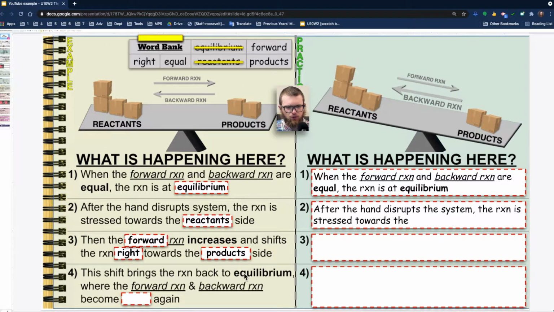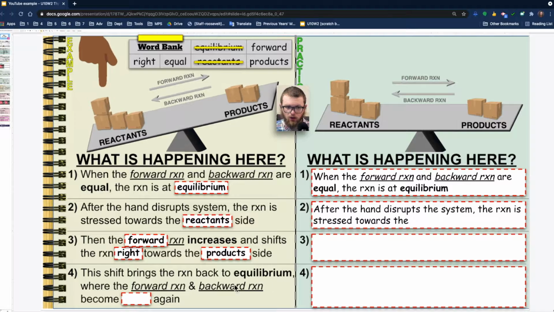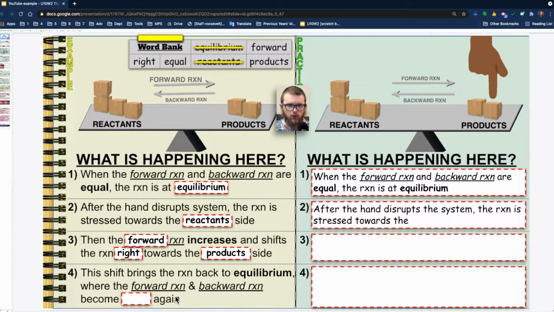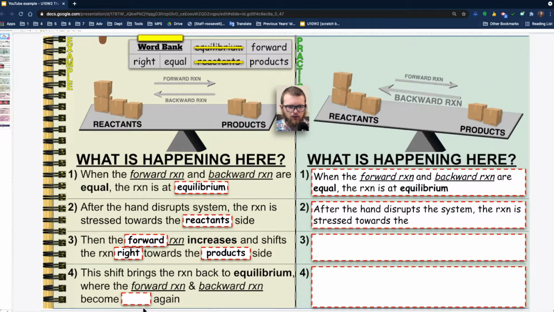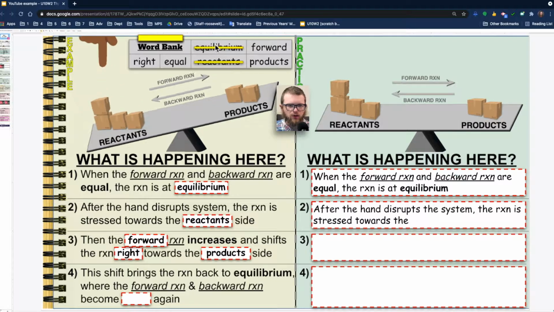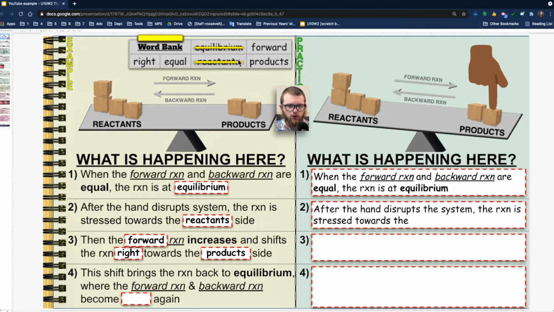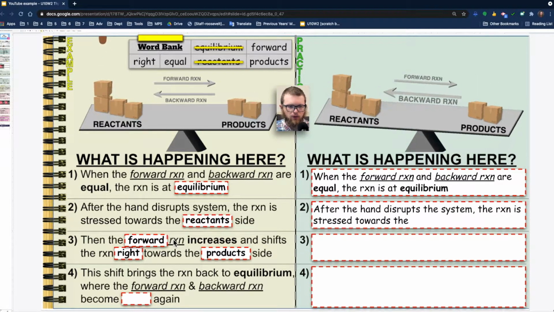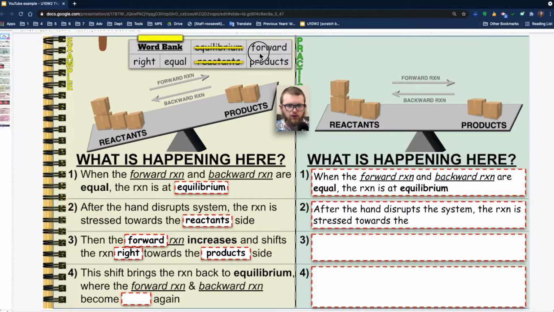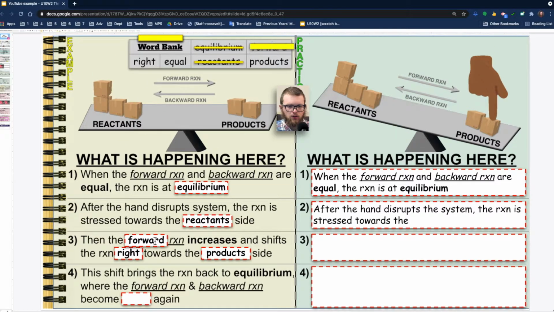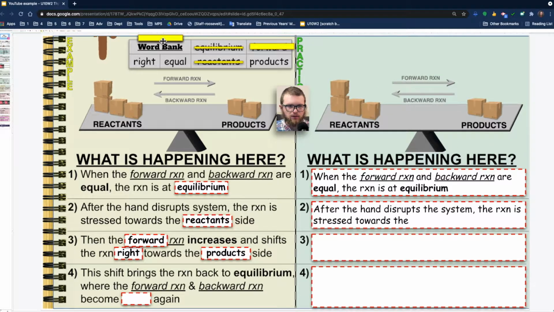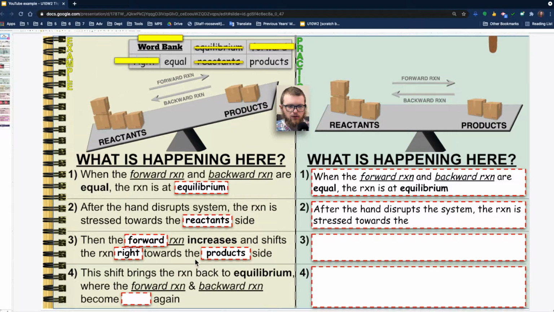This shift brings the reaction back to equilibrium, where the forward reaction and backward reaction become blank again. Let's see, we've used the word equilibrium from our word bank. We've used the word reactants right there. Here's the word forward, so we've used the word forward. Here's the word right, so we've used the word right.